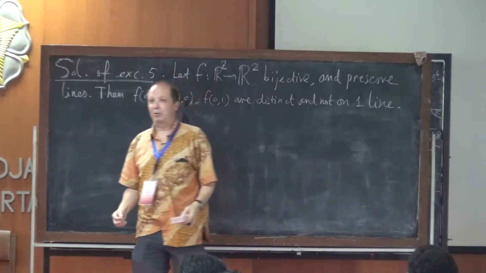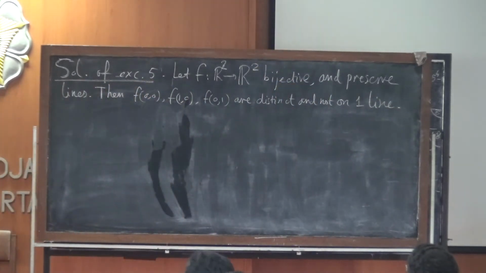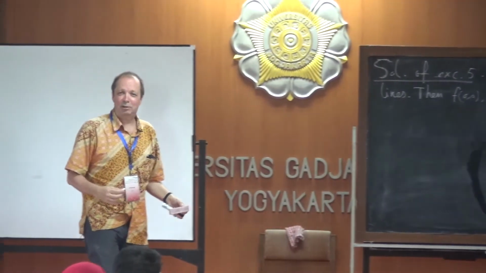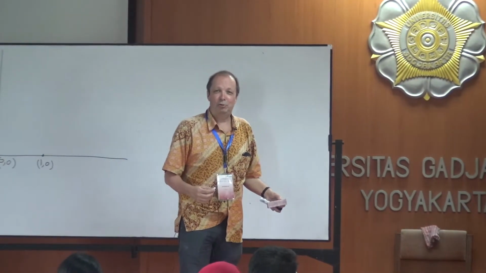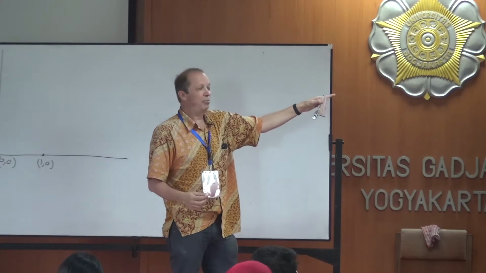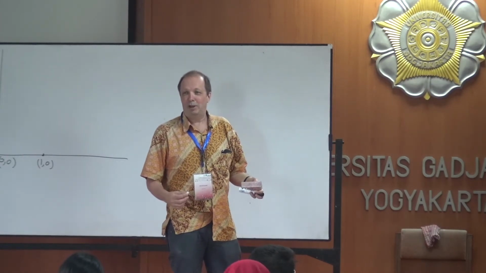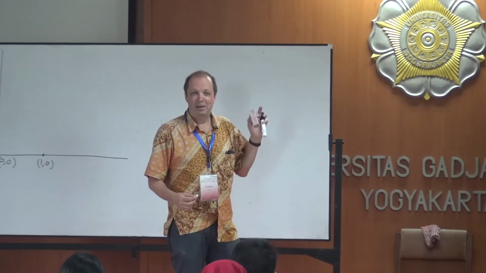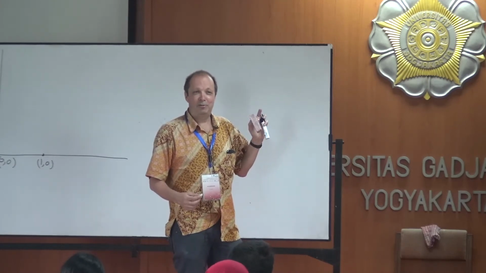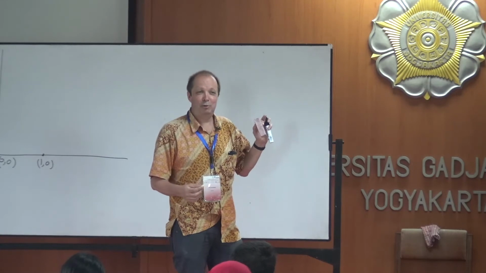But then, now. When was our exercise, our training session? 2 days ago? You still remember? What can we do when we have 3 points that are distinct and not all on one line? We have exercise 2B.